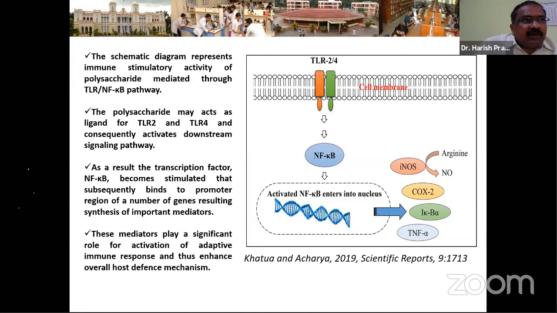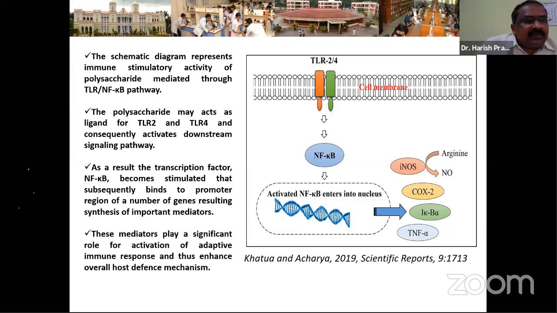We know that NF-kappa B responds to around 400 stimuli, and there is still a lot more. So this is a central transcription factor which gives a lot of activation.